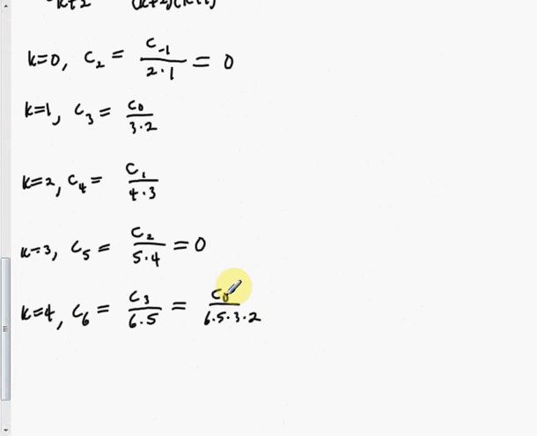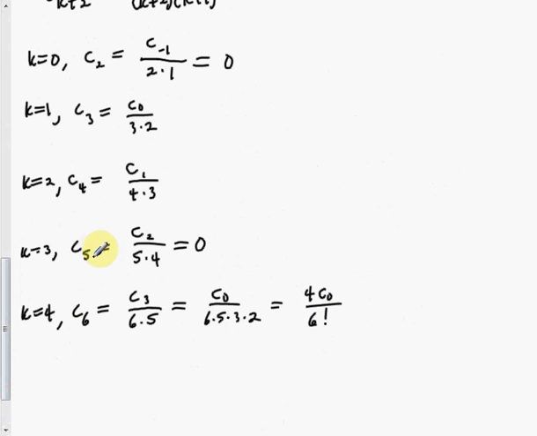So you can say 4 times c naught all over 6 factorial. Or you can just leave the thing just the way it is and just say it's c naught over 6 times 5 times 3 times 2, and just be done with it. Either one is fine with me. But you'll notice in the back of the book, he'll have stuff like this, and he'll say this is 4 times c naught all over 6 factorial.